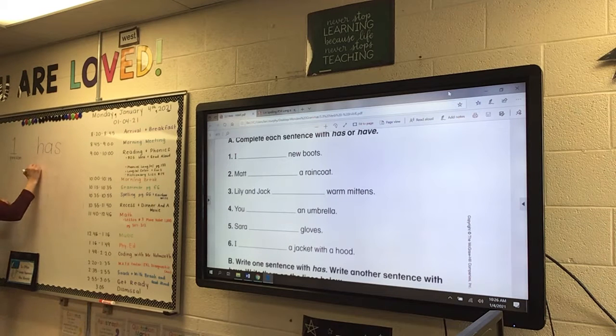When there's two people or more. So have is like the class, two or more. However, you might also use it when you're talking about I or you. Those are the only two exceptions to the rule.